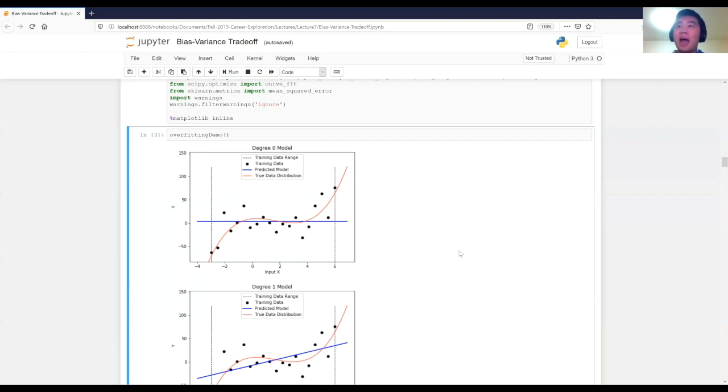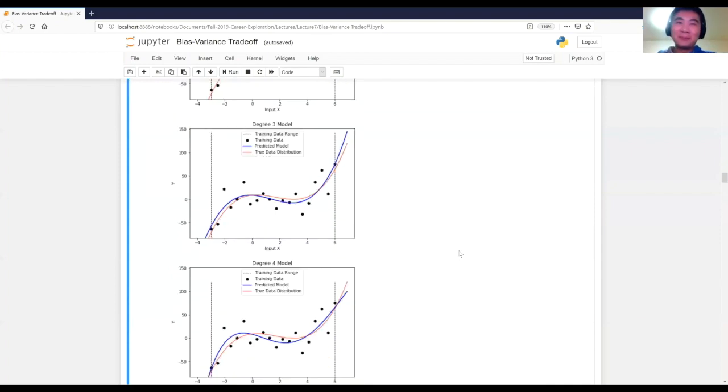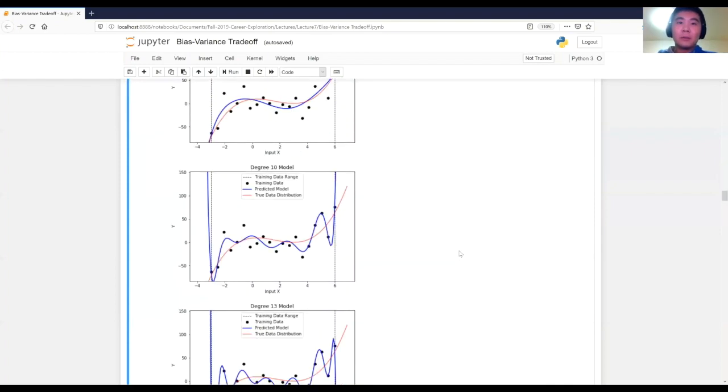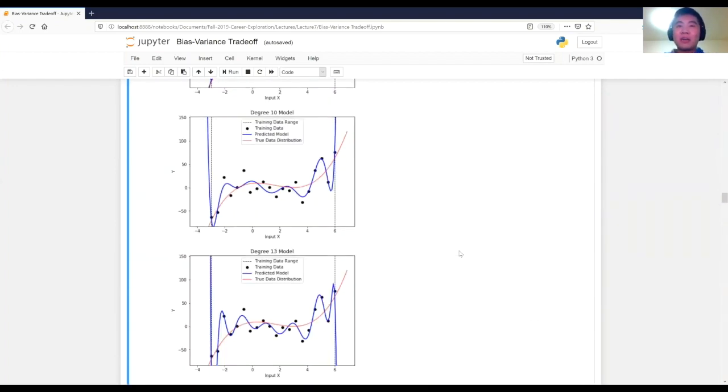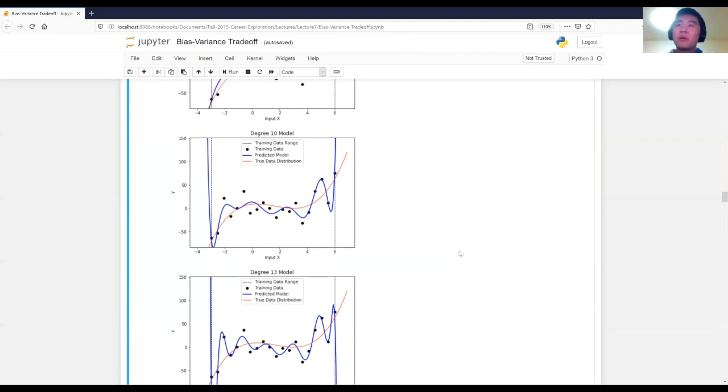We get lower bias but higher variance. Okay, I tripped myself up a bit. And we can see that as the degree increases to 10 and 13, our predictions fit way too much of the noise, and the true distribution is almost completely lost. That's something we really want to avoid.